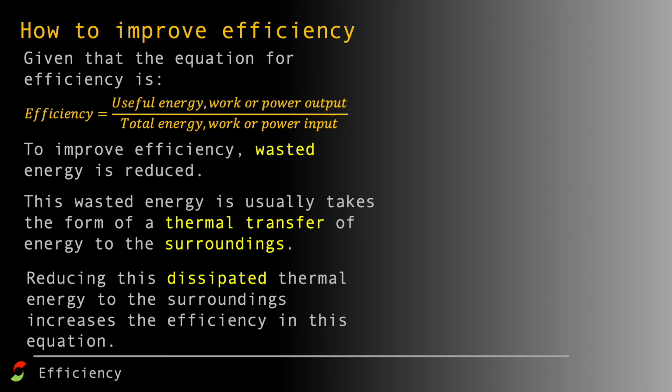And you can even use, if you're feeling particularly confident, the term dissipated. So thermal transfer of energy dissipated to the surroundings is the best way to describe what happens to that wasted energy. So you can improve efficiency by reducing that thermal transfer to the surroundings.